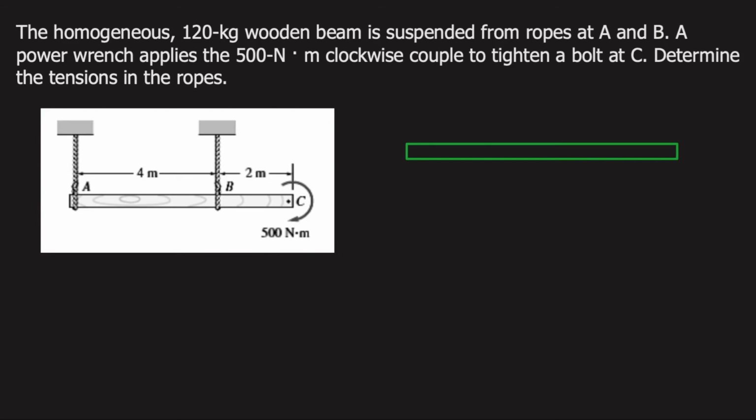So the first force is this one, the tension A, which is directed upwards, while tension B is of course directed upwards also. While here we have a moment which is 500 Newton meter.